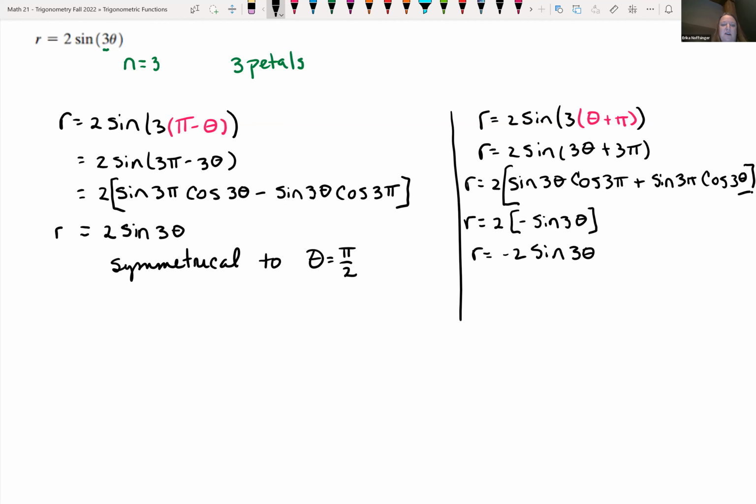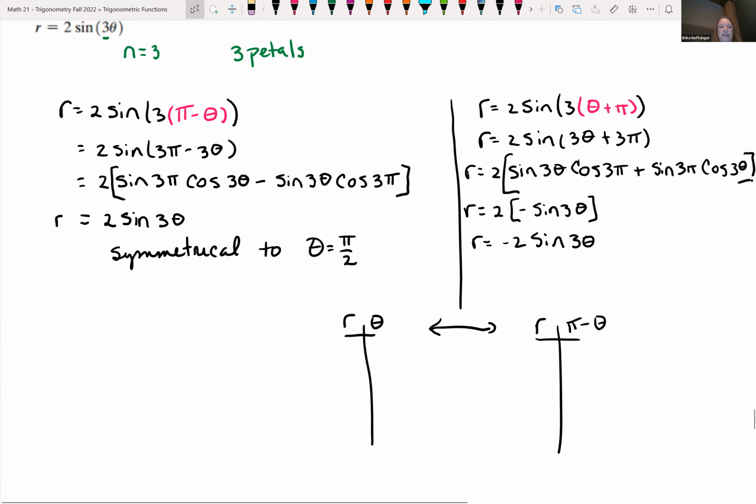And so this doesn't tell me if it's symmetrical with the pole or not. So we just see that it's symmetrical across the line pi halves. And so we're going to plot some points. So for any point r theta on the graph, r pi minus theta is also on the graph.